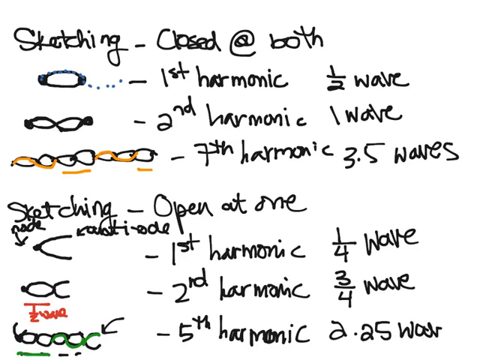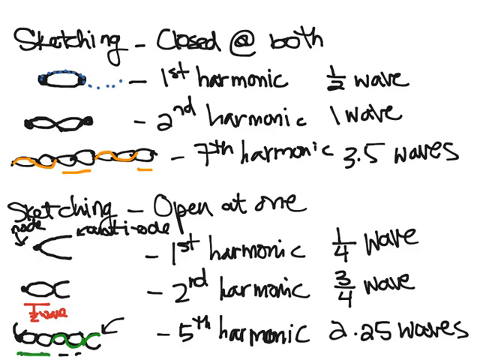And the reason it's important to be able to count the number of waves is that in order to find the frequency, and if you're playing a musical instrument, the frequency corresponds to the pitch you're hearing, we have to find the wavelength.